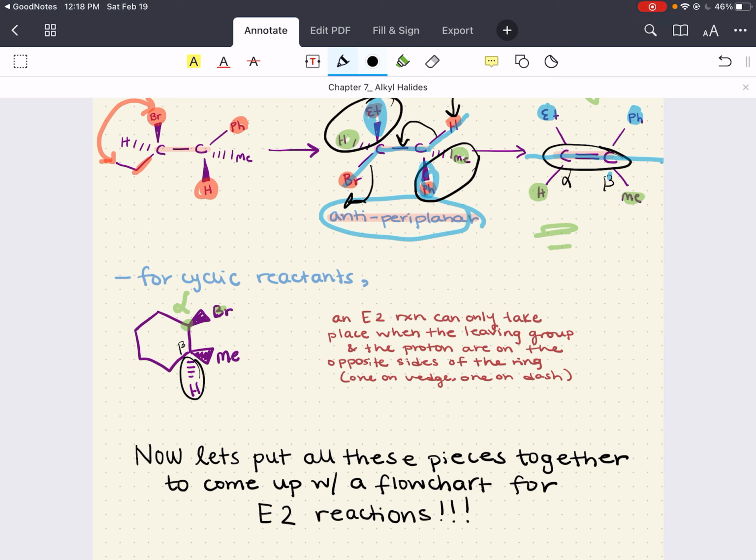It's way easier for cyclic compounds because this can only go through E2 if your halogen and your hydrogen at the beta position are on opposite wedge dash. Look, here it's opposite. Your halogen's on a wedge, your hydrogen's on a dash. Perfect. That means the E2 reaction can happen, and you can form a double bond here. If they were both on wedges, you would not have a product that forms from that beta position.